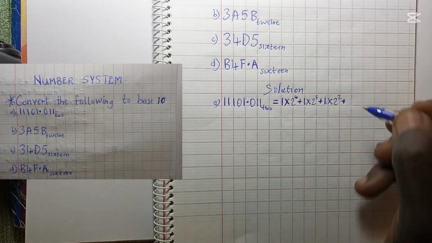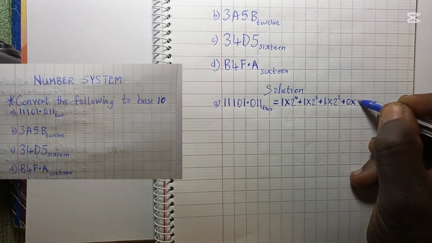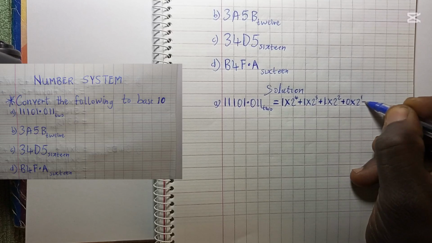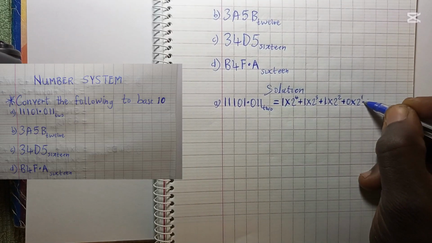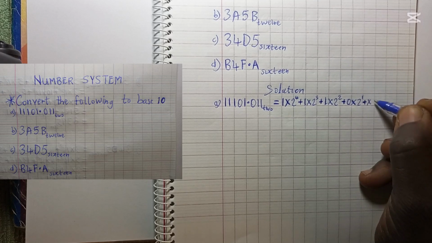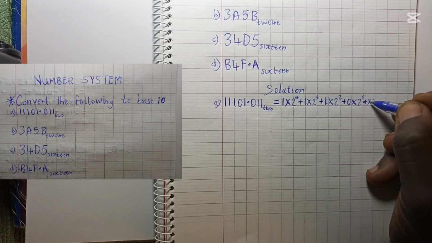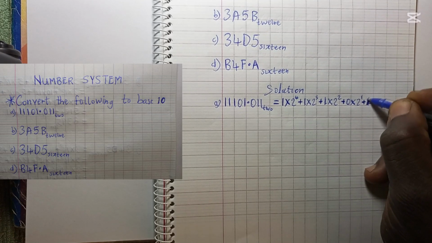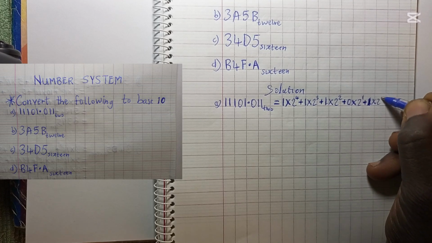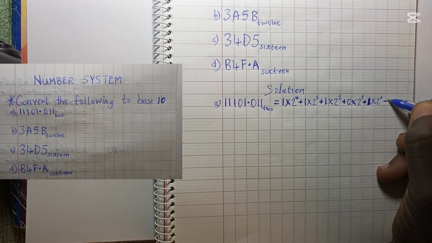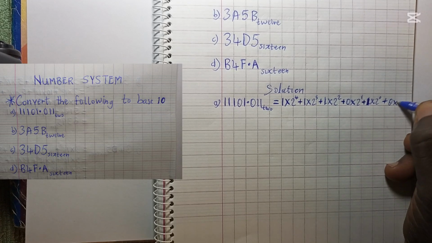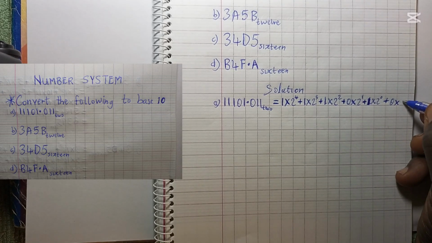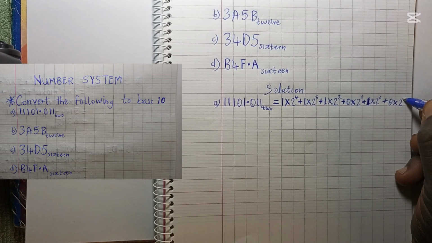Plus 0 times 2 raised to power 1, plus 1 times 2 raised to power 0, plus 0 times 2 raised to power minus 1.